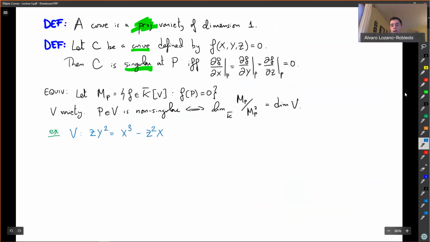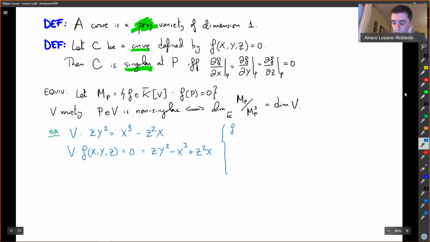Okay, and then we just compute. So let's compute the derivatives. So I'm going to take f, which is given by V, with V being that polynomial zy squared minus x cubed plus z squared x. Okay, so let's take the derivatives.